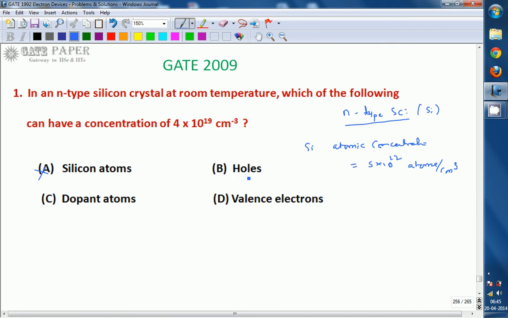Next, holes. Holes are minority carriers, so holes will be very, very small.